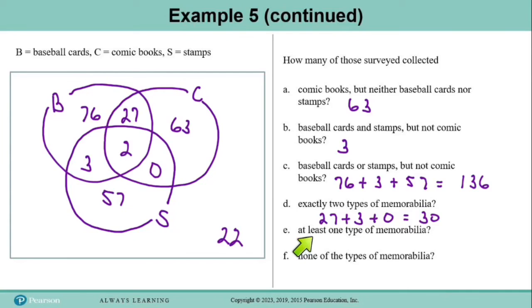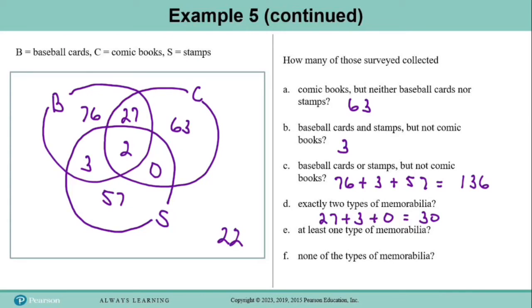And then how many collect at least 1 type of memorabilia? So at least 1 means they collect 1 type or 2 types or 3 types. So in other words, anybody who's in these circles, all of these people collect 1 or more types of memorabilia. And if you remember, we added all of these up just a few minutes ago, so you might already have that answer.